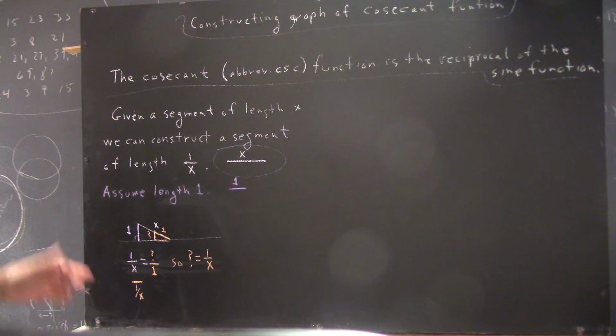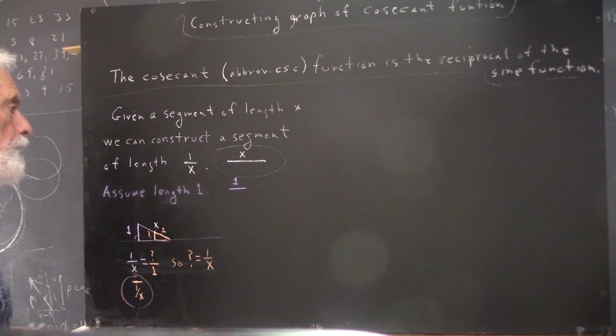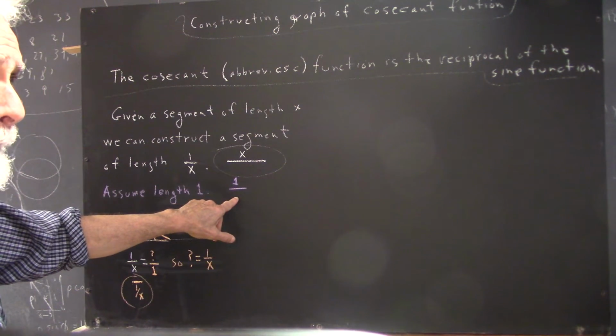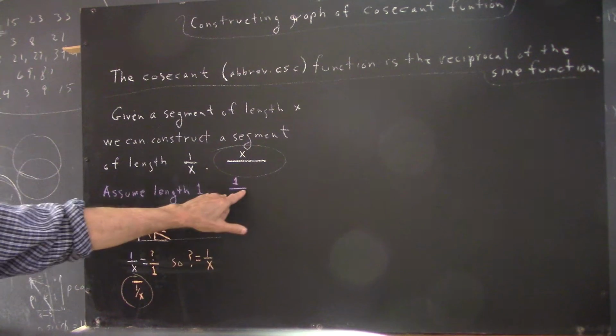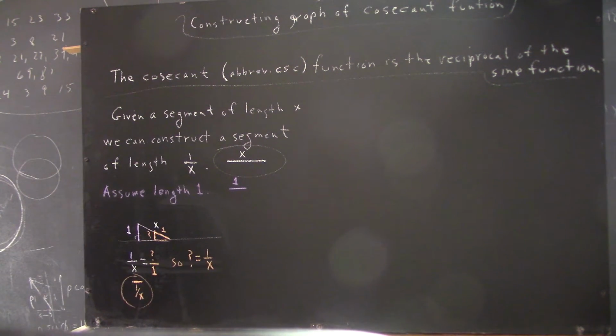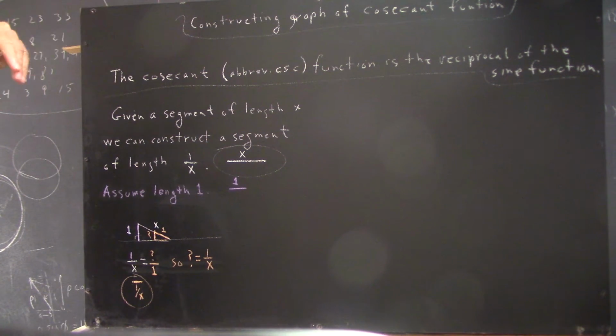Now that, of course, depends on my choice of 1. If I let 1 be this distance in constructing the graph of the cosecant function, then 1 is always going to have to be that distance.